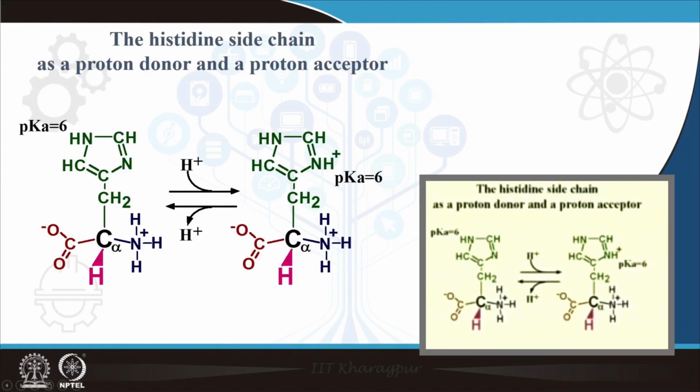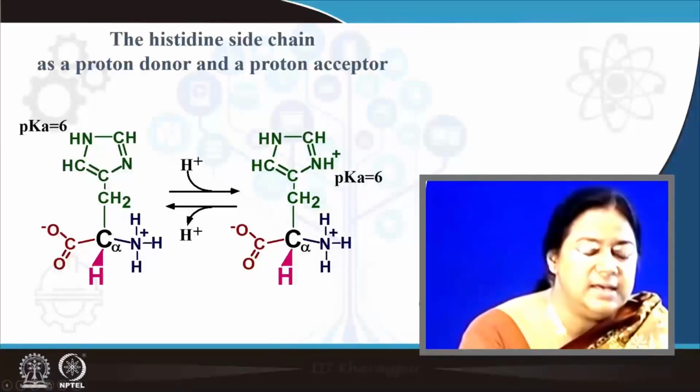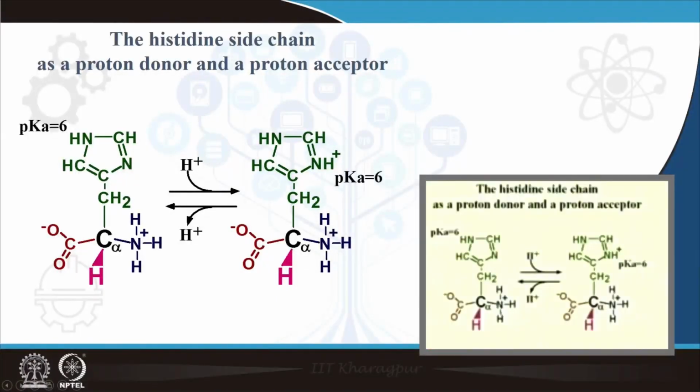Histidine. Remember I mentioned 2 slides ago why histidine is sometimes considered to be a positively charged amino acid and sometimes it is not. The reason is that all of you know what pKa means, right? We will be studying this in great detail because this is extremely important for protein structure.